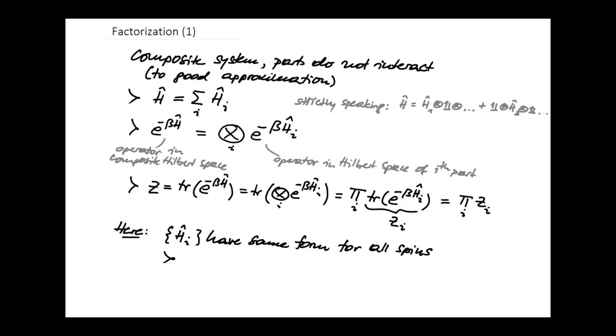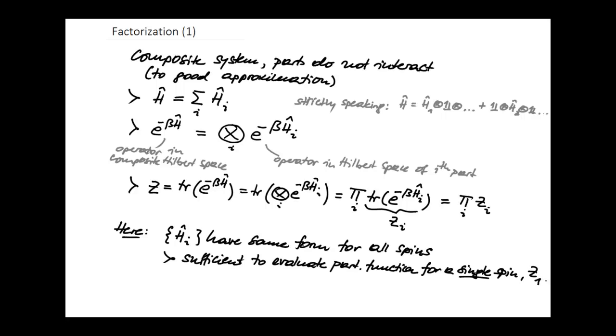So, rather than evaluating the partition function of the entire paramagnet, it's sufficient to evaluate the partition function of a single spin. And let me call that partition function of a single spin Z1.